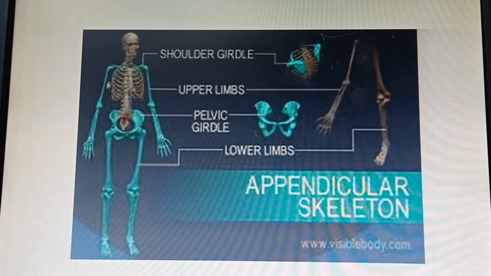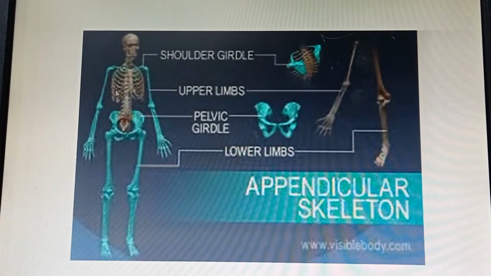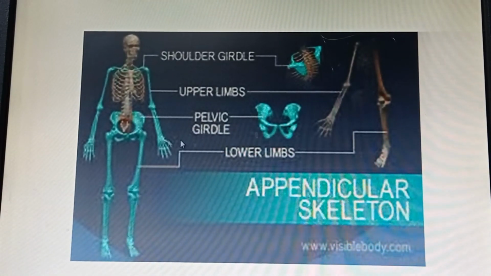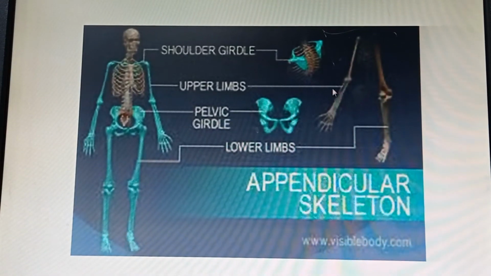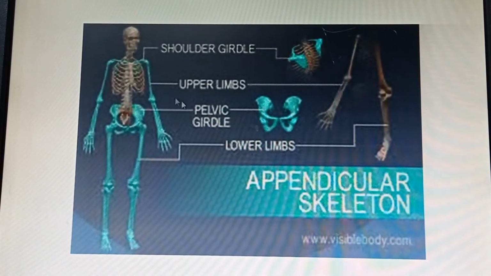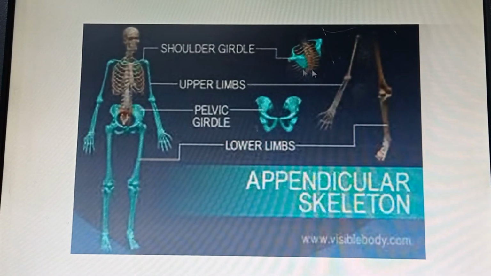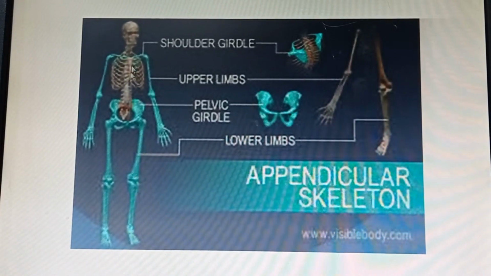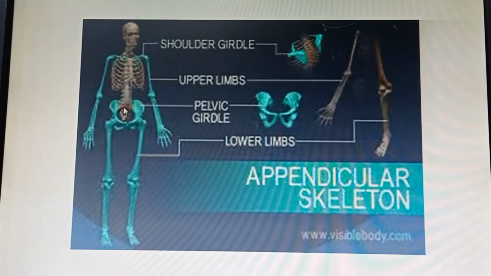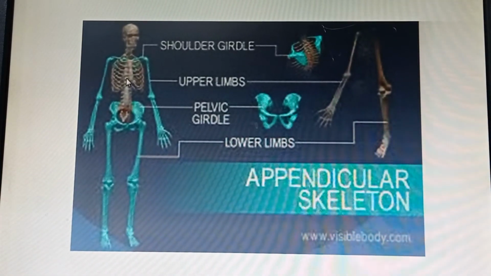Appendicular skeleton: upper limb, shoulder girdle, lower limb, pelvic girdle. This is pelvic girdle, this is shoulder girdle, upper limb and lower limb. These all are included in appendicular skeleton. They are total 126 bones. And axial skeleton includes total 80 bones.